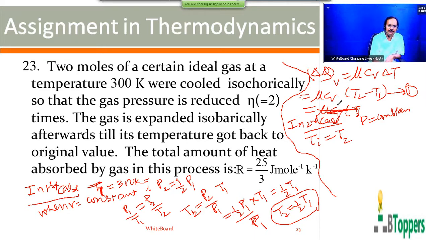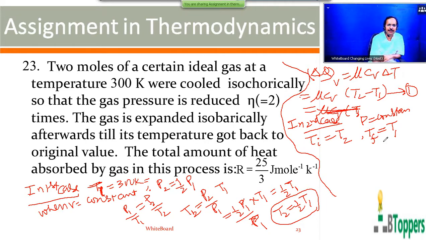The final temperature at the end of the first case, the isochoric process, can be considered the initial temperature in the second case, the isobaric process. The gas is again cooled back to the original temperature. So the final temperature at the end of the second process, the isobaric process, is the same as the initial temperature which the gas had originally at the beginning of the first process, that is at the beginning of the isochoric process.